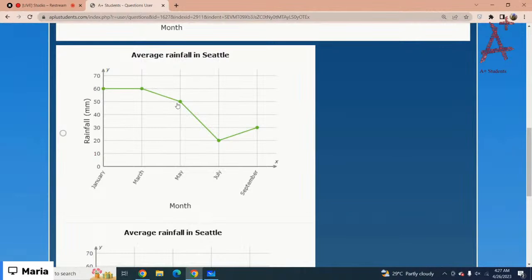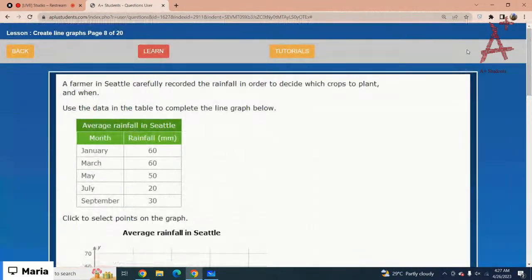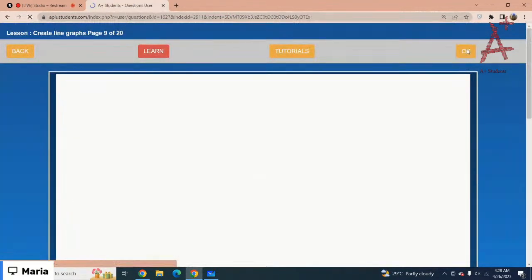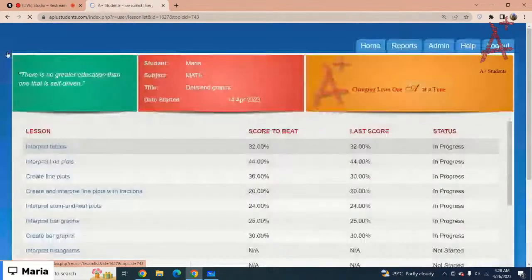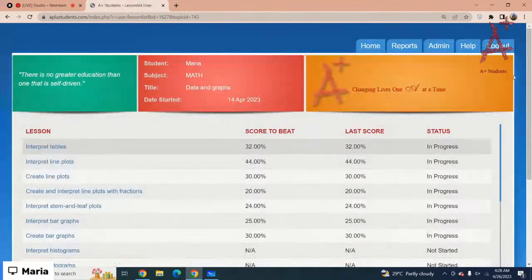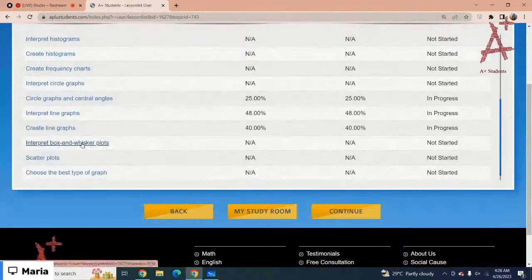That is option number 1. Okay, let's move on to the next lesson. The next lesson is interpret box and whisker plots.